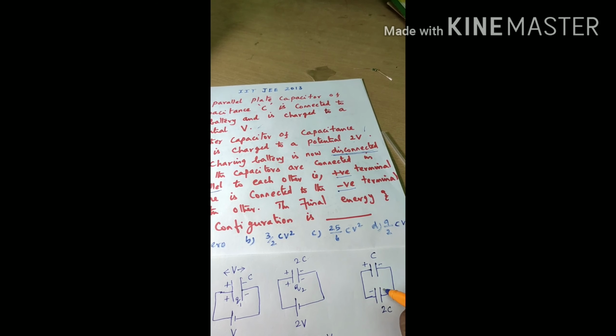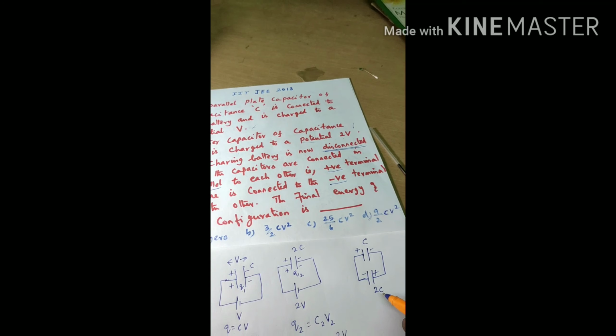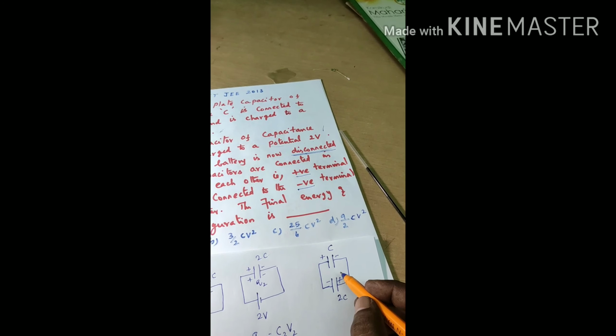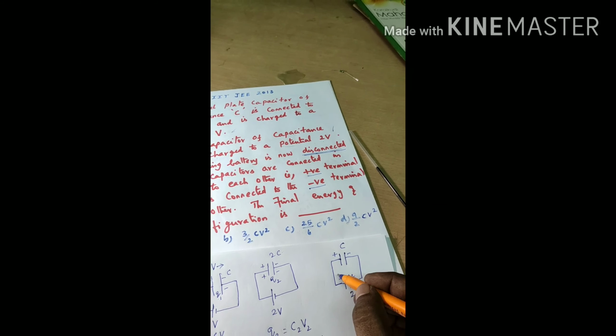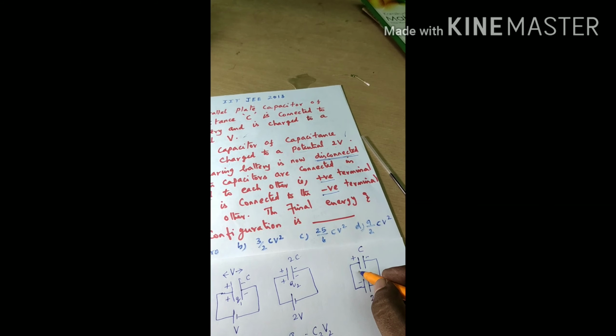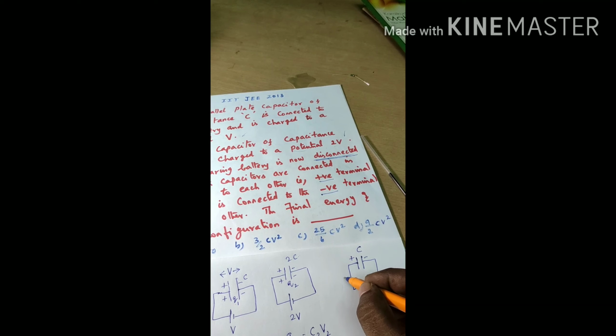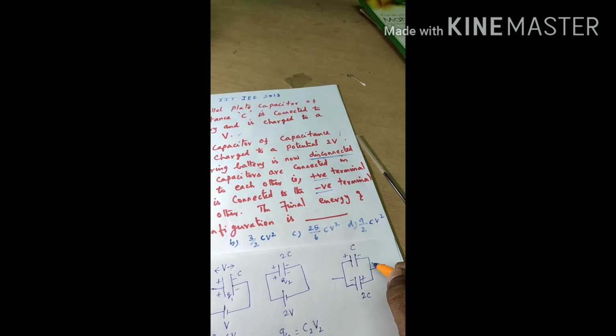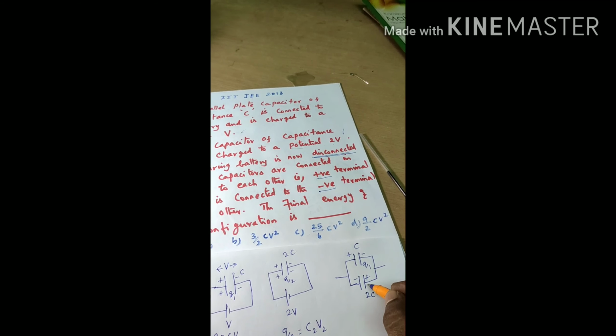Then this is negative, this is positive. The battery is disconnected. Here the charge is Q1, and here the charge is Q2.